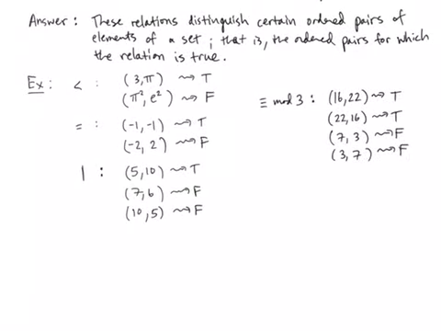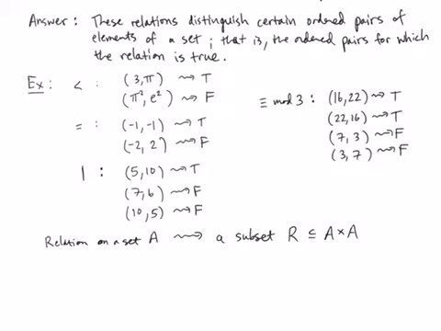So the basic idea here is that a relation on a set A gives rise to a subset, let's say R, of A times A, the Cartesian product of A with itself.